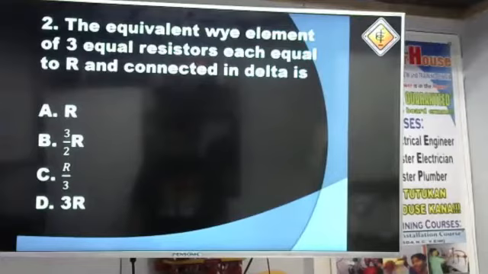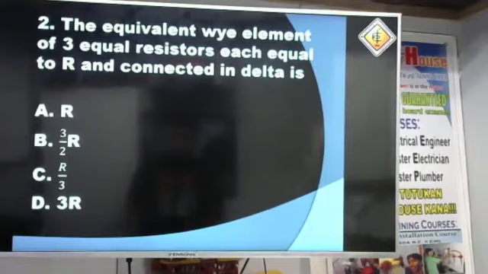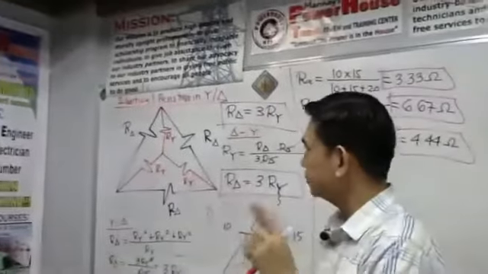The equivalent Y element of 3 equal resistors, each equal to R, and connected in delta. So in here, these resistors are connected in delta. Therefore, the question is our RY.